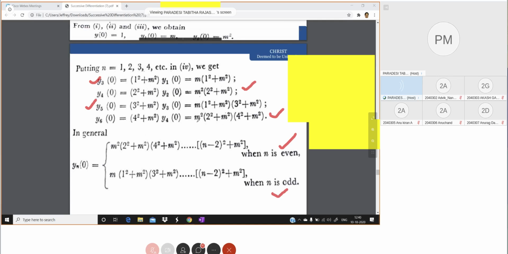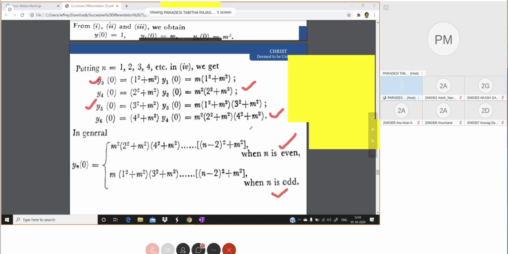So carefully check: m square, 2 square plus m square, 4 square plus m square, and so on is coming. If I had gone for one more term, what would have come within brackets? Had I gone for y8, what would have come within brackets?